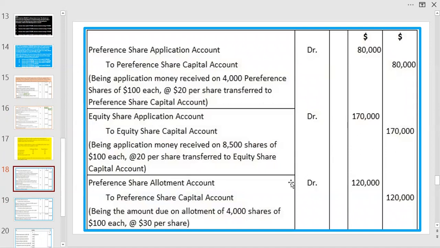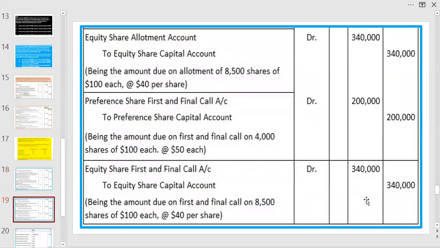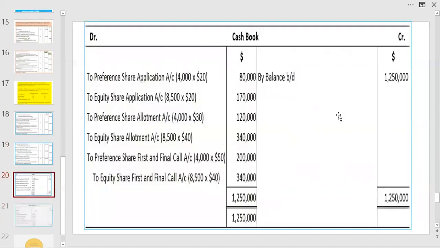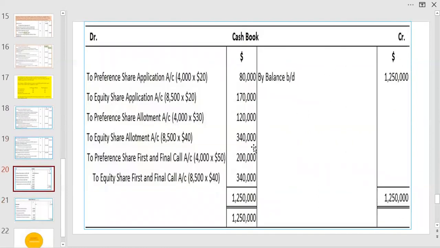When allotting preference shares at the rate of 30 per share, it is 120,000, debited to allotment account, credited to share capital account. Equity shares at the rate of 40, 340,000, debited to allotment account, credited to share capital account. Same way for the first and final call account too. Look at the cash book. 2 entries refer to application monies, 2 to allotment monies, 2 to the final call money.